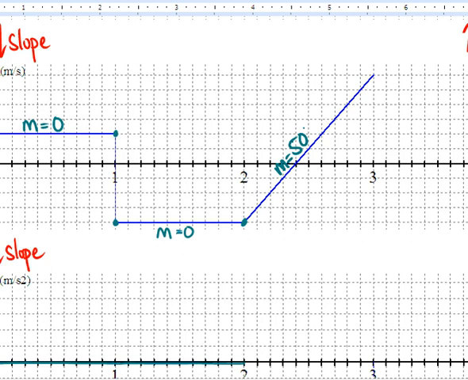That means from 2 to 3 seconds, this object has a huge rate of acceleration, 50 meters per second squared, even faster than those top fuel dragsters. So I'm going to draw a nice flat line showing that we've got some acceleration at 50 meters per second squared. Now, that's all we can do with slope.